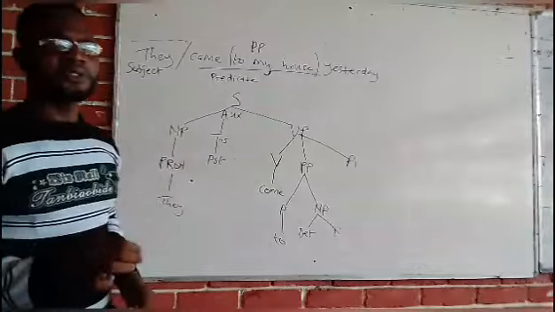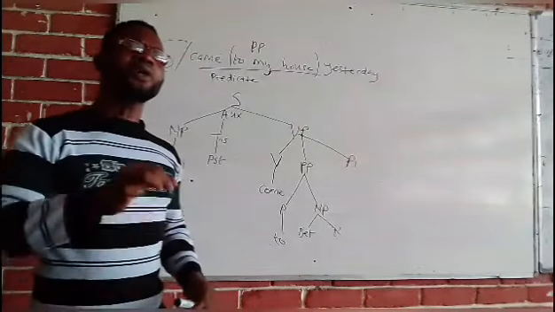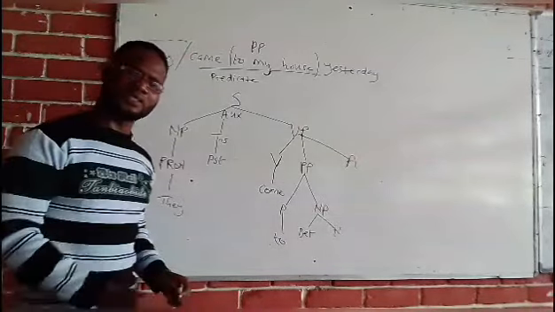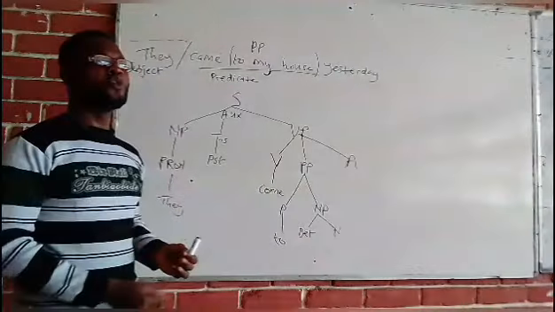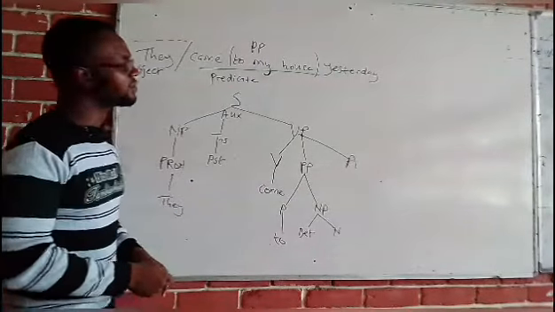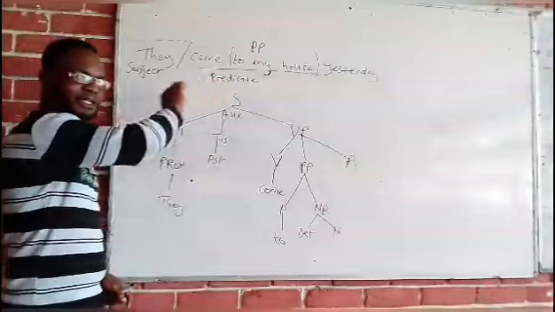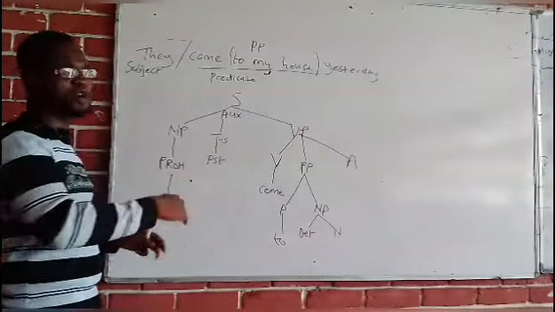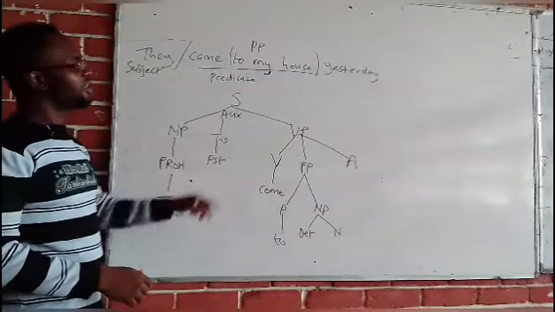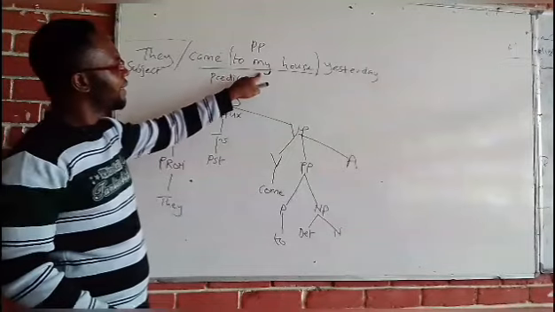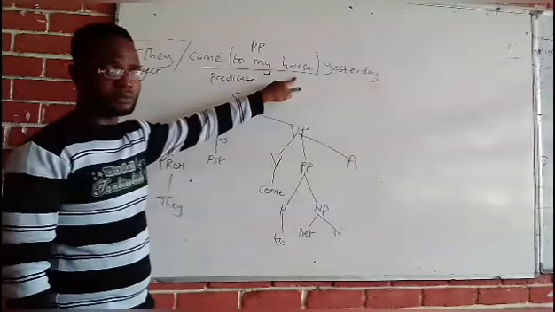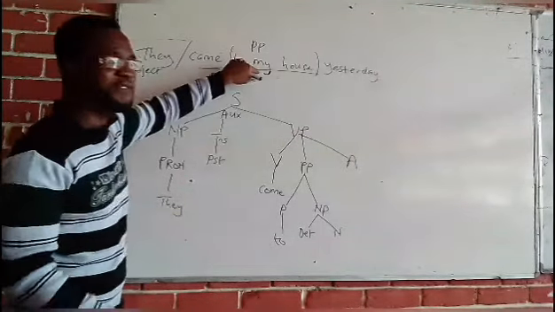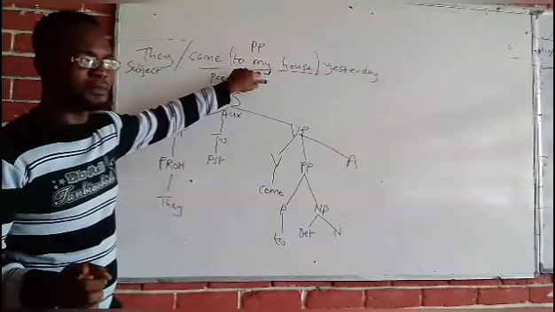But when we are working on tree diagrams, we don't look at the definition of word classes based on what they are. We look at the functionality. What do they function as in the context? The contextual use. What is the function? So in this case, because "my" is appearing before a noun, it has lost its function as a pronoun.